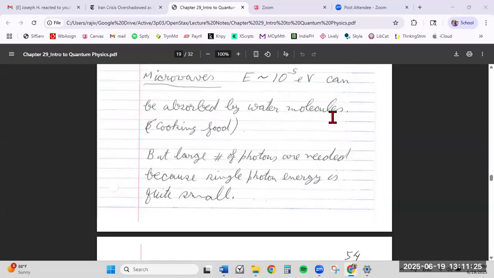So microwaves can be absorbed by water molecules, and that raises the energy of the water molecules.